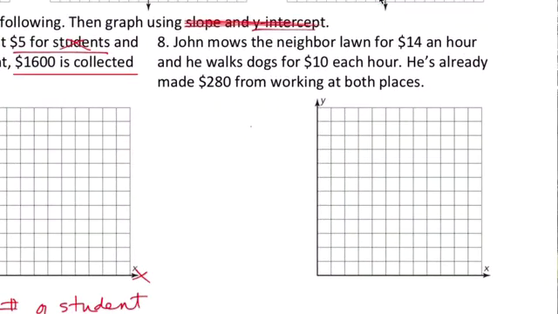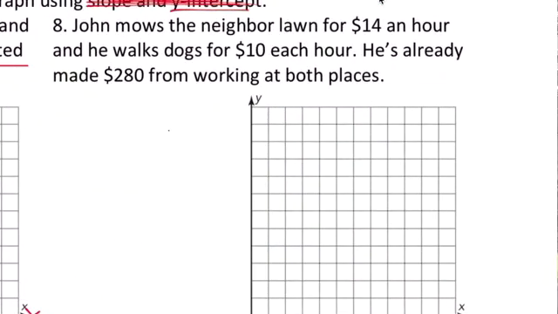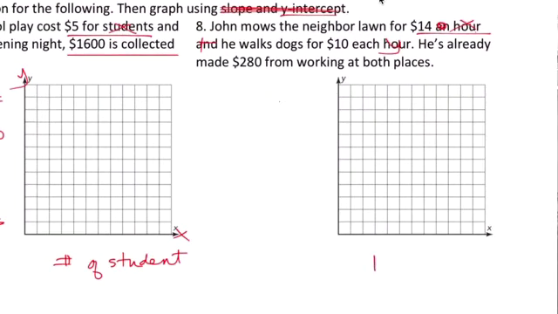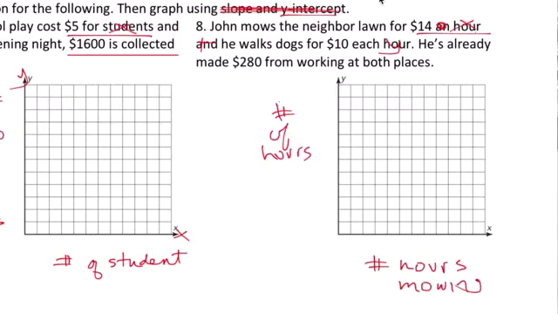Okay, and this one, John mows the neighbor's lawn for $14 an hour, and he walks the dog for $10 an hour. So let's use x for mowing the lawn, y for walking the dog. Number of hours mowing lawn. Hours walking the dog.